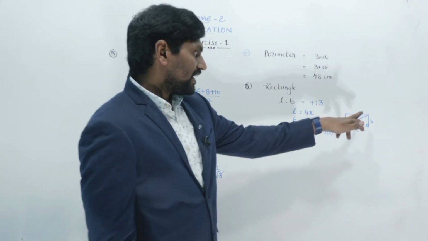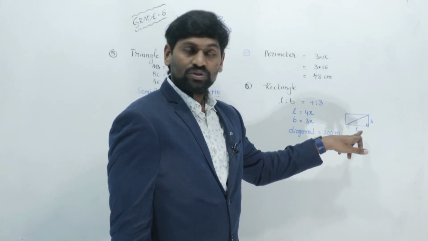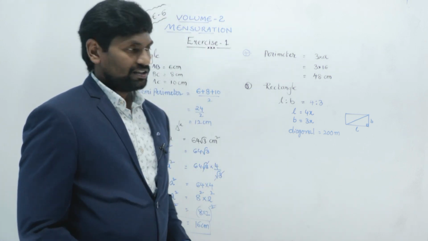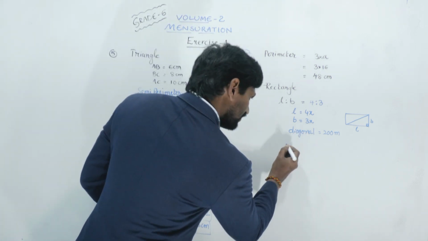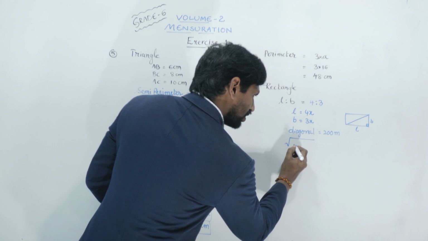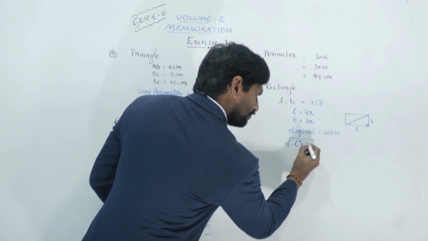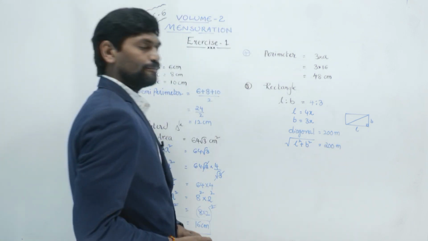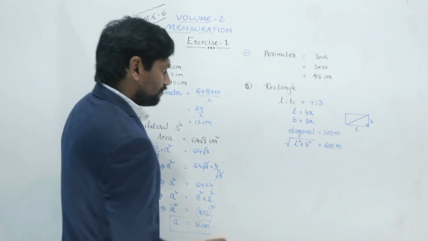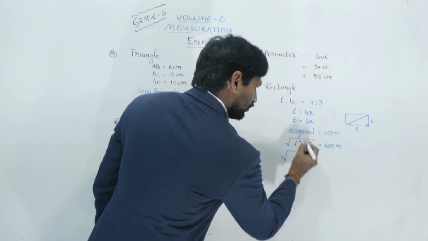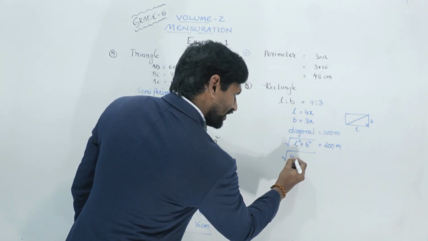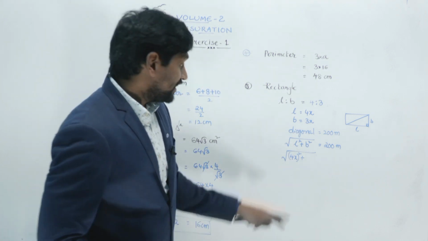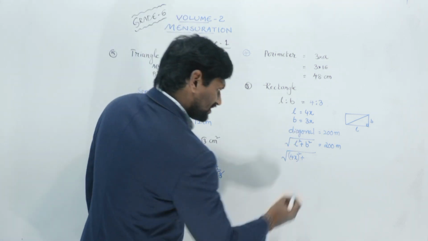Diagonal equals the square root of L square plus B square, which equals 200 meters. We know the length is 4x, so 4x whole square, and in place of breadth I can write 3x.